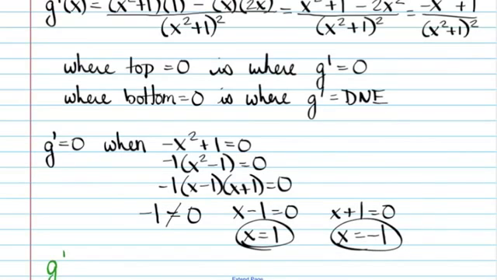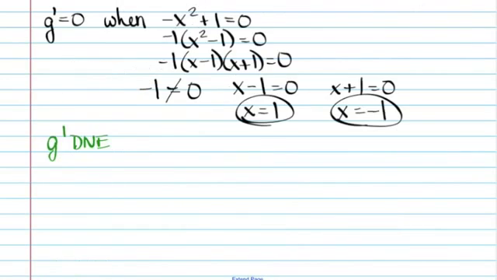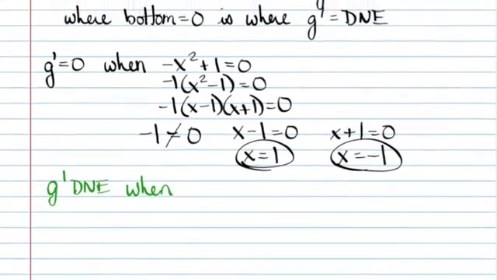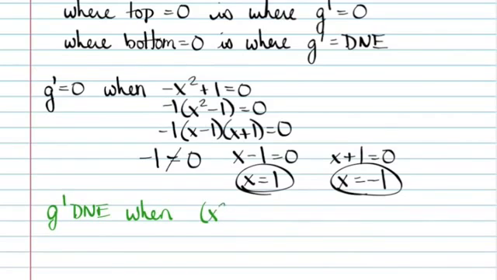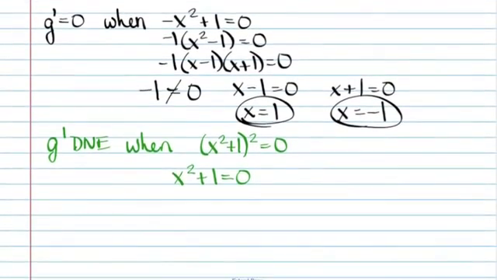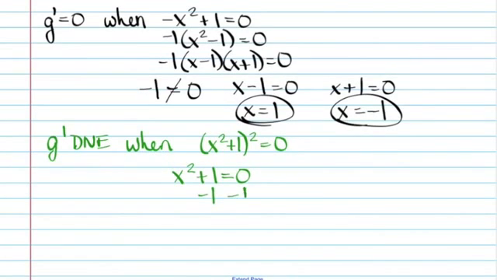Okay, so those are two critical points, but now I have to look where g prime doesn't exist. And that's going to occur where the bottom of my function is equal to 0. So where the x squared plus 1 squared equals 0. Now really it's just the x squared plus 1 where that is equal to 0, because if you square 0, you'll get 0.